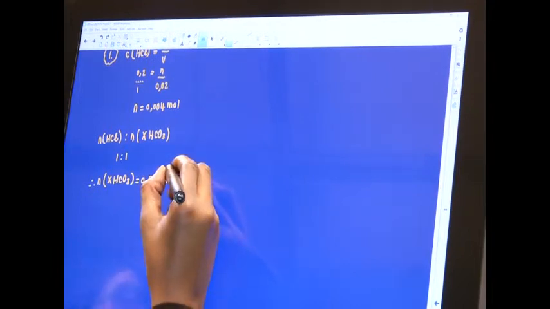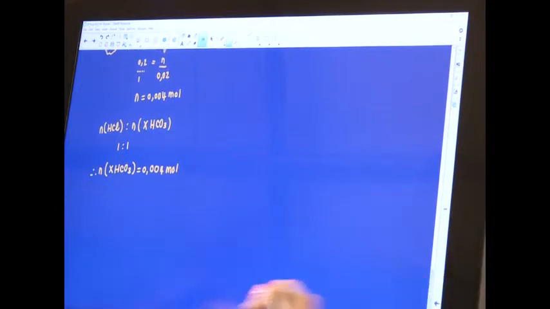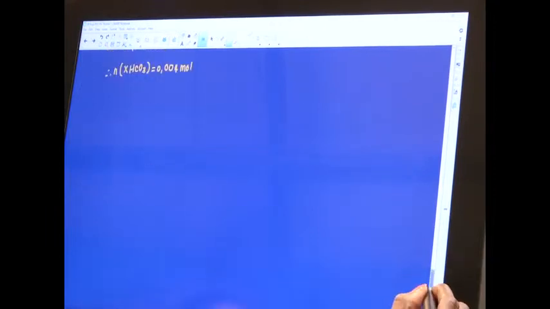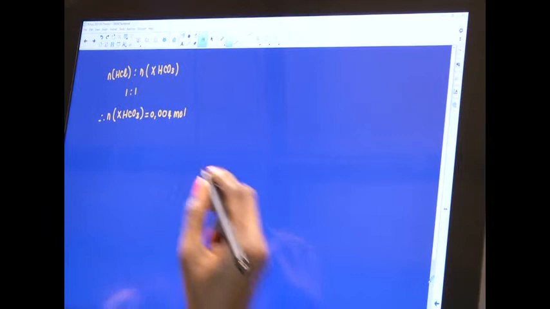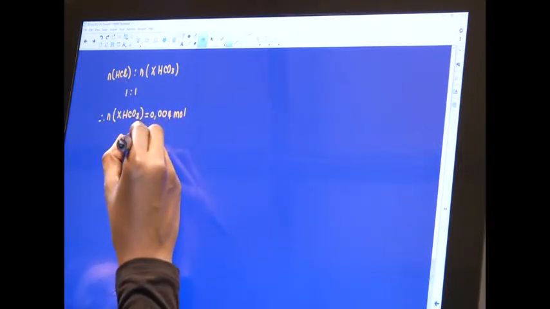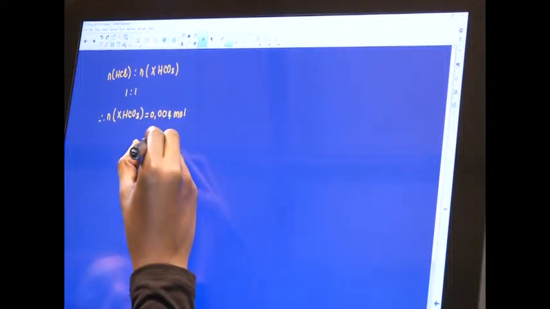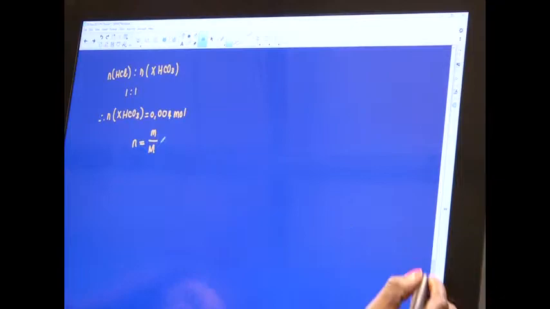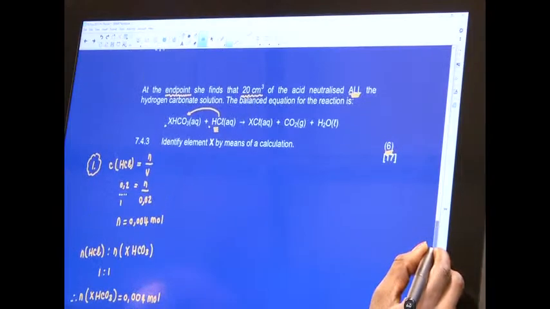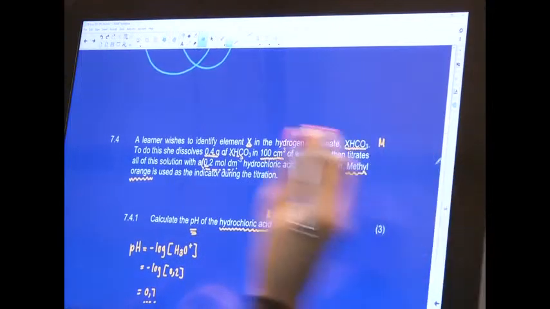Remember, I need to find the X. So therefore, I'm going to use my next equation. I just want to do it like this so that you can see everything that I'm doing. I'm going to use this equation now. N is equal to M over big M. Now I found my moles, and my mass was given to me as 0,4 in the original equation.